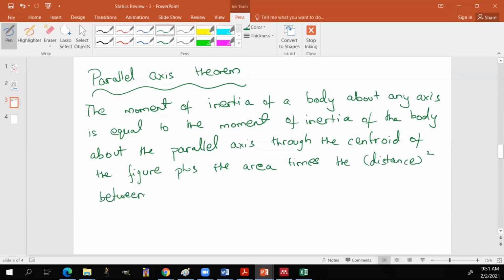So between the axes, that's the axis passing through the centroid and the axis that you're trying to find the moment of inertia about.